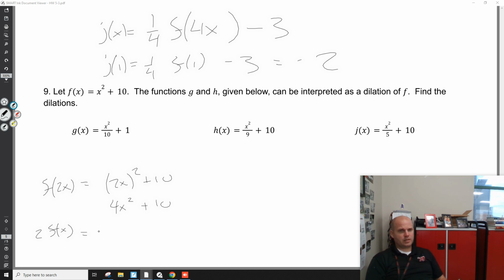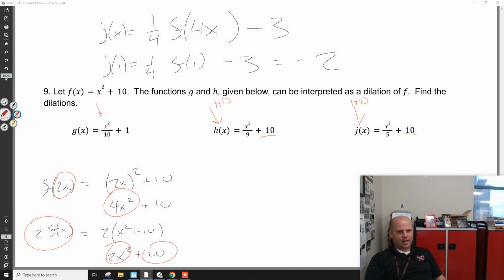If I have 2 times f of x, I have 2 times x squared plus 10, which becomes 2x squared plus 20. So what do I notice? A horizontal dilation just changes this and does not change that. So I'm immediately thinking that we got some horizontal dilations going on right here. The vertical dilation changes that and that.